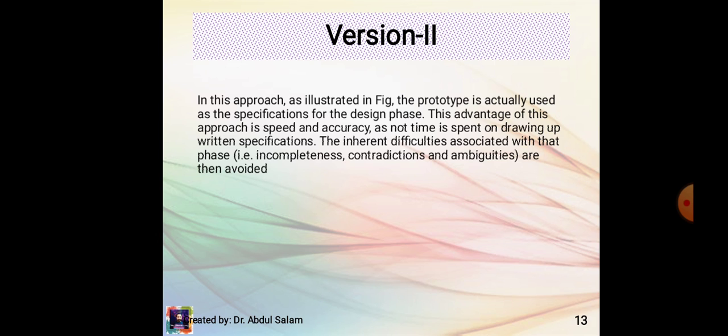In this approach, illustrated in the figure, the prototype is actually used as the specification for the design phase. The advantage of this approach is speed and accuracy, as no time is spent on drawing up written specifications. The inherent difficulties associated with that phase are then avoided.